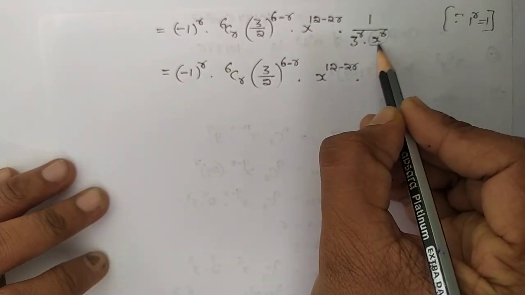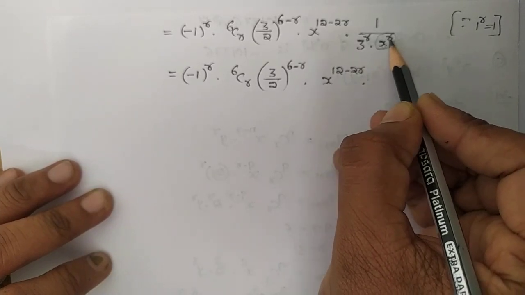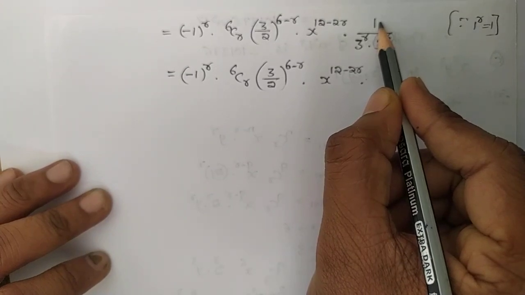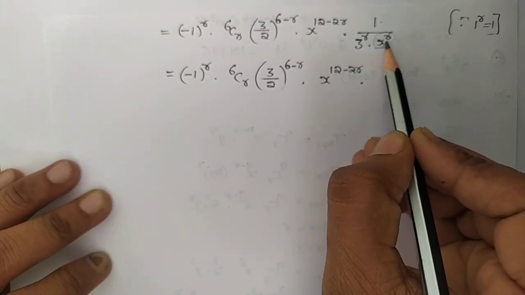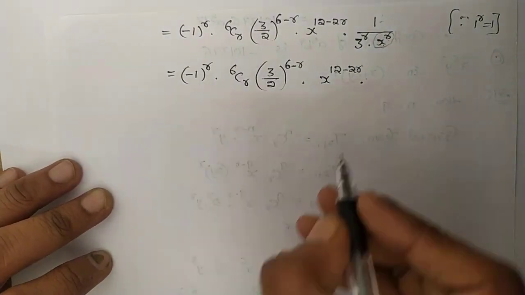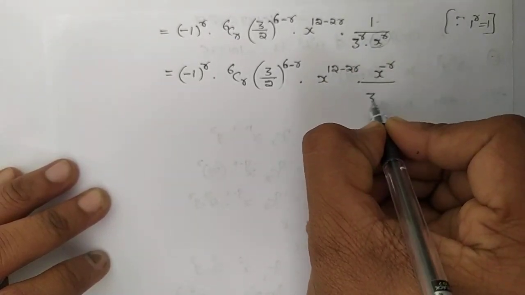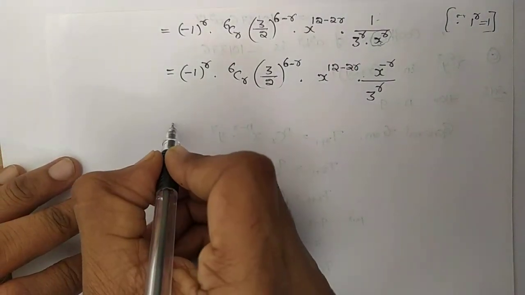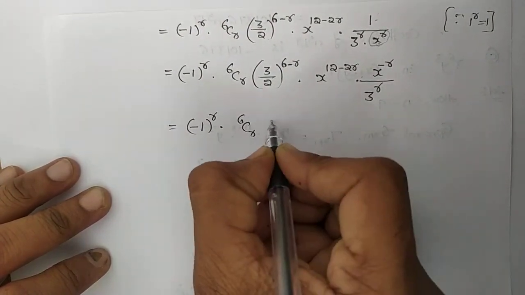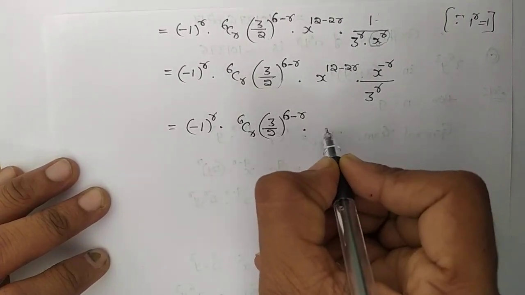Suppose this x power r goes to the numerator, then that will become x power minus r. X power minus r divided by 3 power r, that is equals to minus 1 whole power r into 6cr into 3 by 2 whole power 6 minus r. Just keep it as it is.